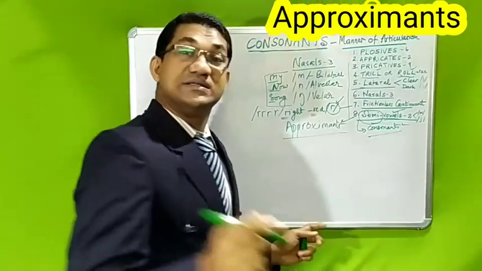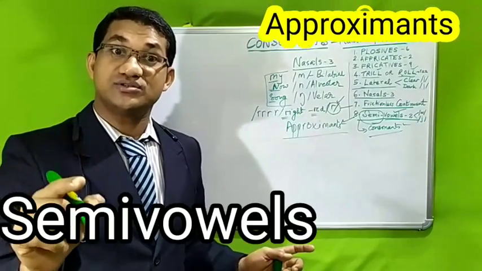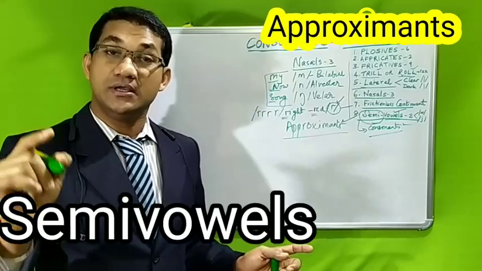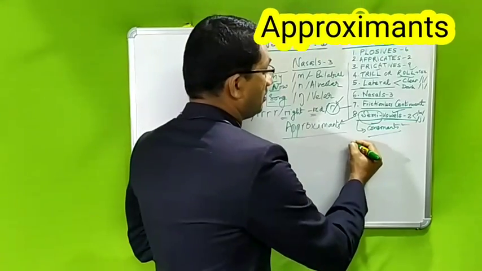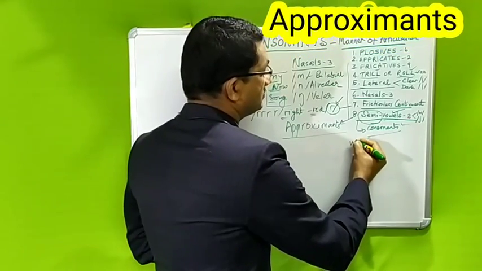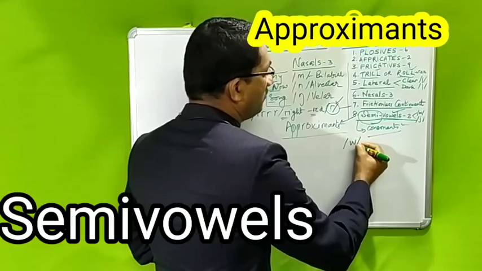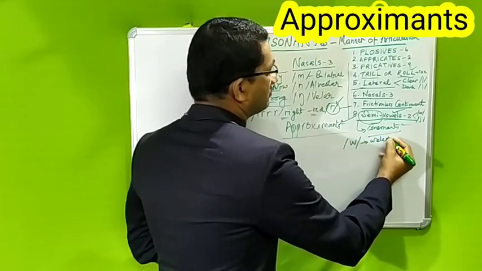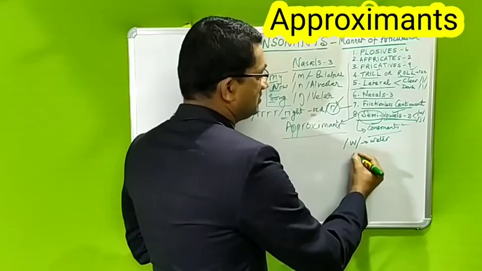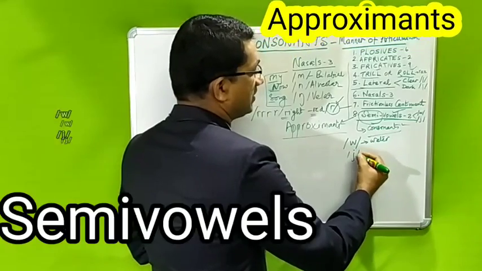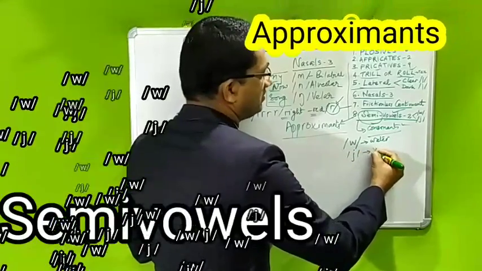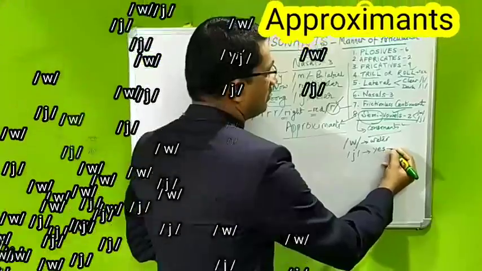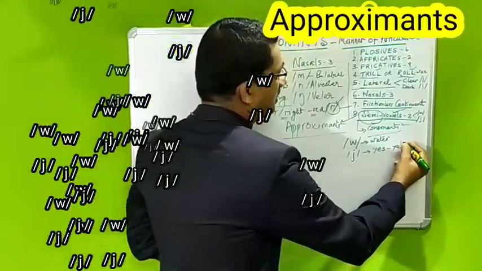And we have of course two approximants or semivowels in English, and they are the w sound, as in water, and the y sound, as in yes, or yellow.